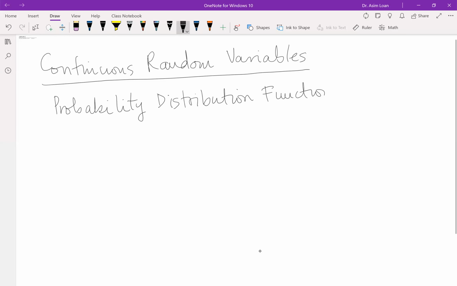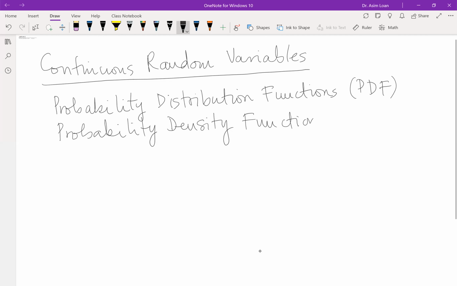What is the difference between the PDF of a continuous random variable and the probability mass function for the discrete random variable? Probability density functions, the counterpart is the probability mass function, which you have already studied in the discrete random variables. So we know the probability distribution function or the cumulative distribution function.